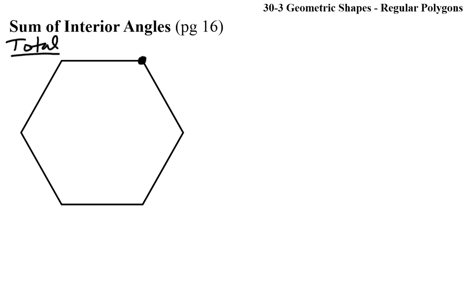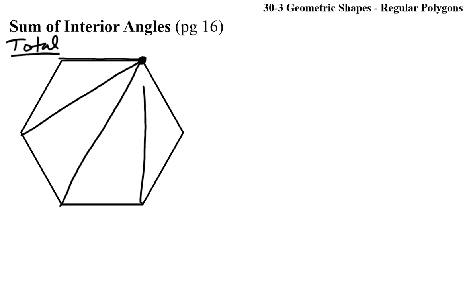But I want to connect that one vertex to all the other vertices in this particular regular polygon. Now, what you see is when you connect one of the vertices to all the other vertices, we end up with a whole bunch of triangles.